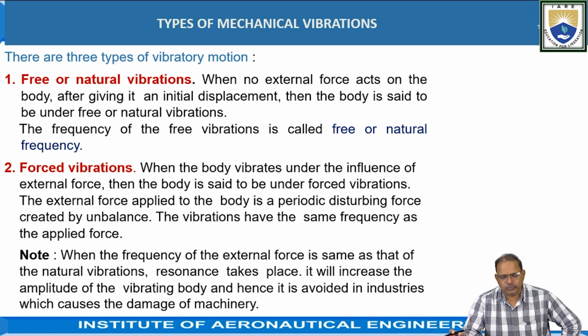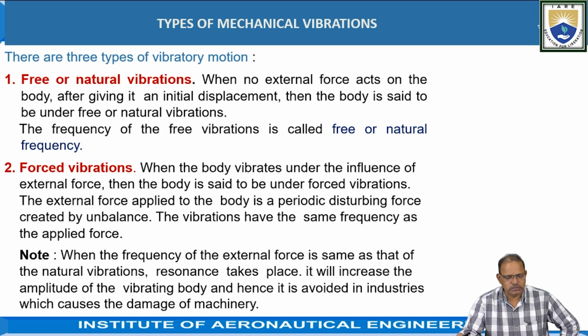When a disturbing force acts on the body and displaces it from its original position, after removal of the disturbing force, the body oscillates to and fro. This type of vibration is called natural vibration. That means when it is vibrating, there are no external forces acting on it. That is called free or natural vibration.